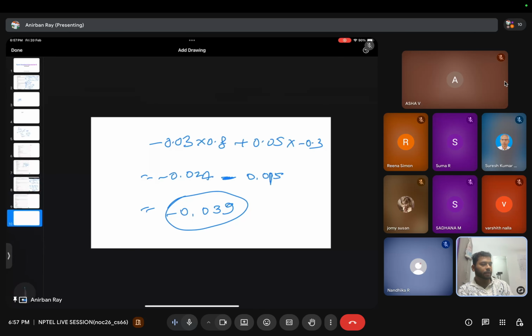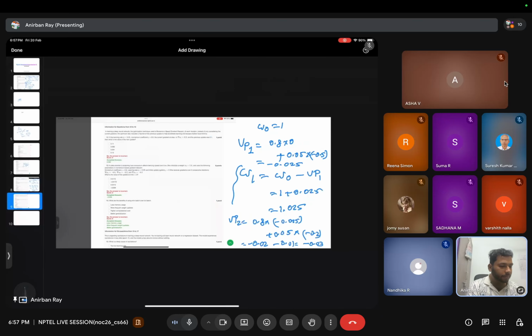If we add it here, I think we're going to get the answer. 14 minus 5 is 9, and this becomes 0, 0, 0. Yes. This is the only term which is different actually. But the answer they have given is minus 0.3, right?